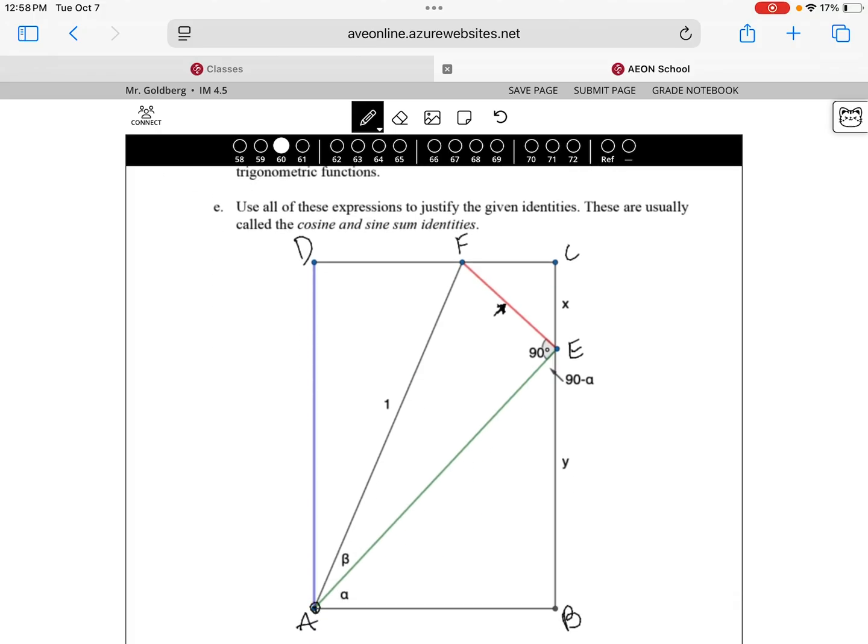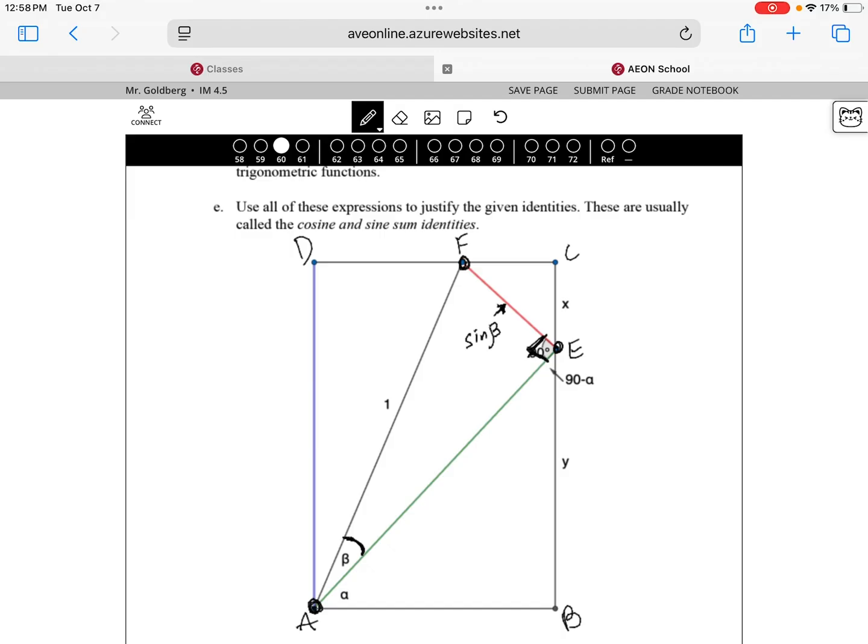I see that that's in triangle AEF, and triangle AEF is a right triangle. This is 90 degrees. So angle beta is going to be my reference angle. I notice that the red segment, or EF, is opposite, and I know the hypotenuse is 1. So using the sine function is best here.